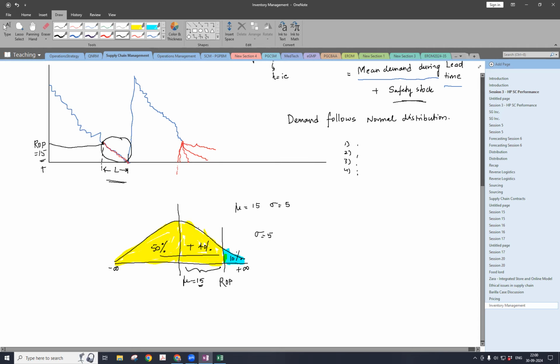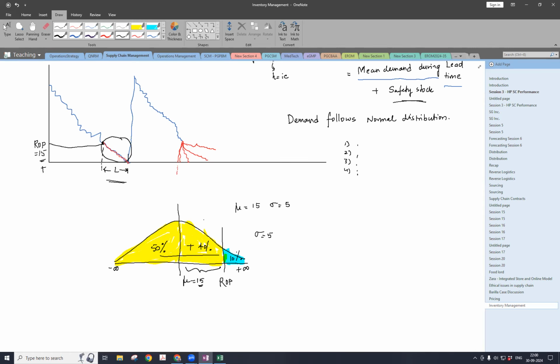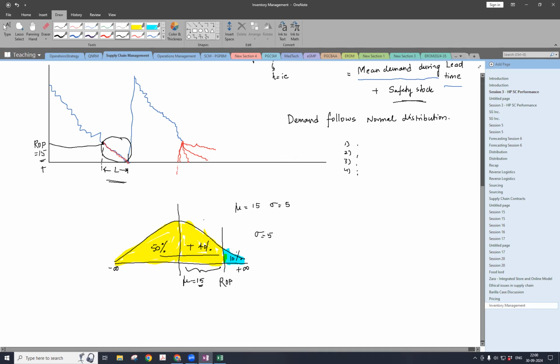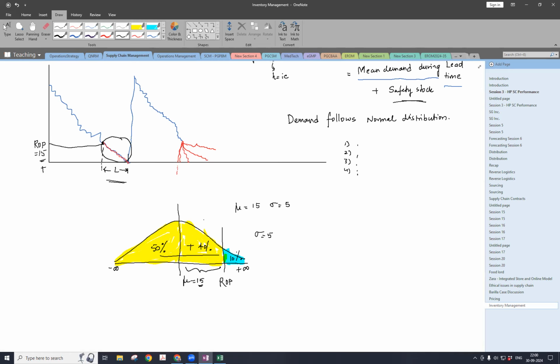Now, what does cycle service level mean? Over a particular period, let's say 1 year or 2 years, there have been instances of demand coming to you. Out of the total number of demand instances that you have experienced, how many times were you able to meet the demand completely with your on-hand inventory?